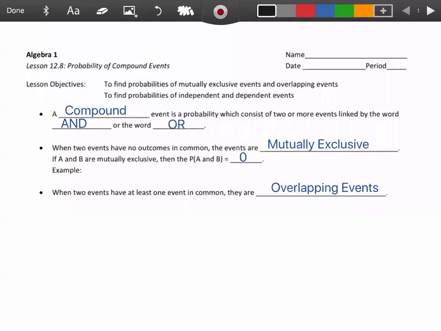is equal to 0. So an example of that is the probability that a number is even and odd.